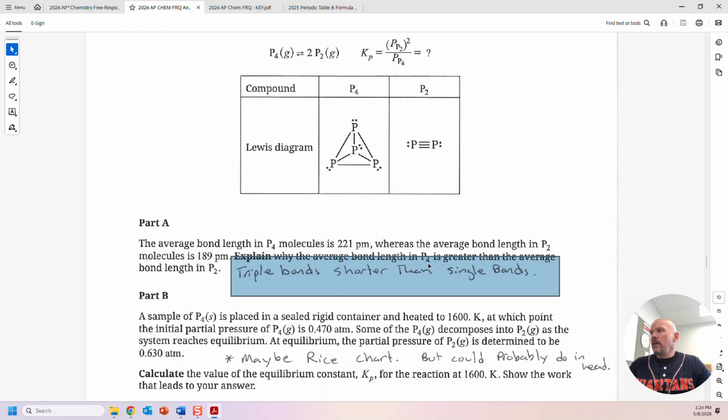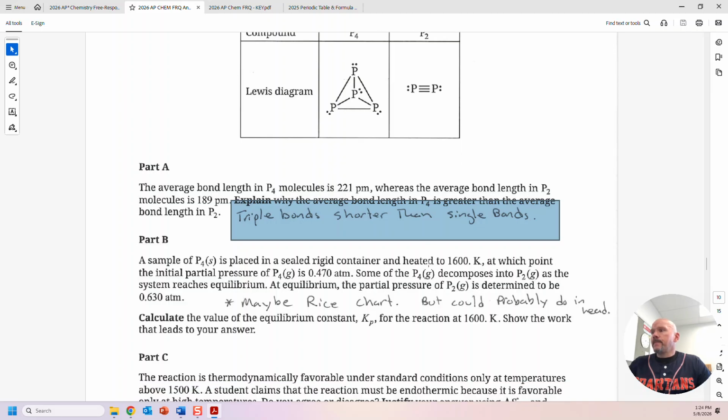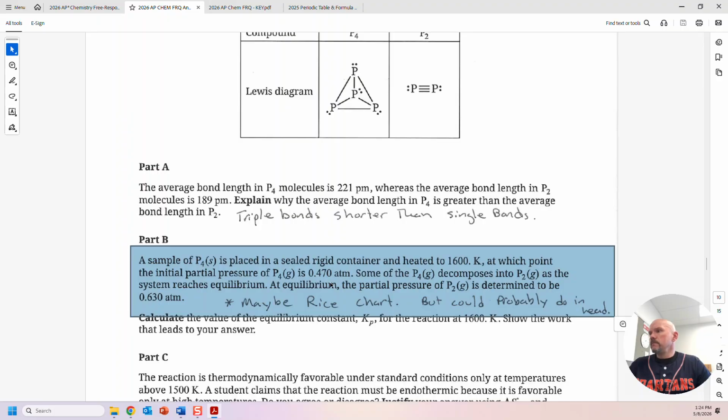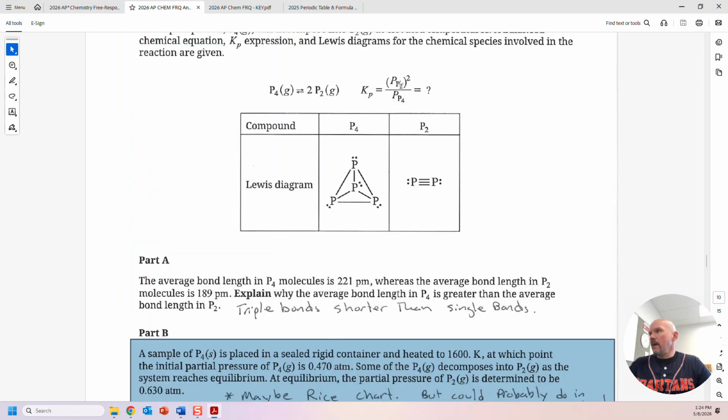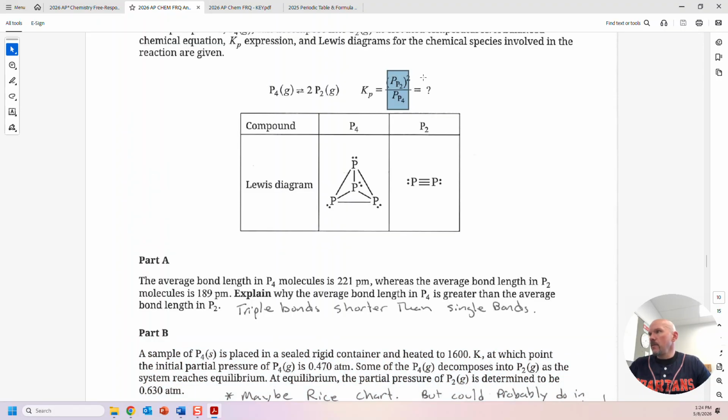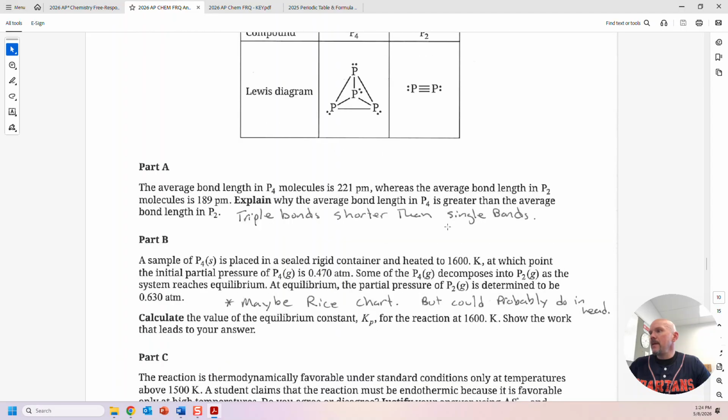So that's pretty quick. So here they set this up, and I think we're trying to figure out the equilibrium partial pressures so we can plug it in to solve for the Kp. They give me the initial partial pressure of the reactant, and they give me the equilibrium partial pressure of the product.